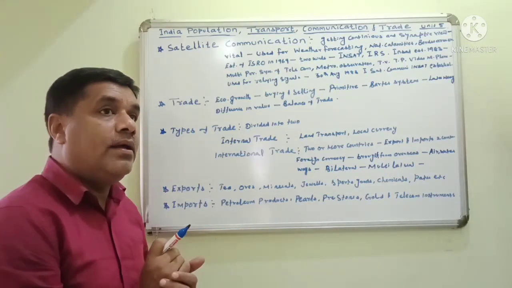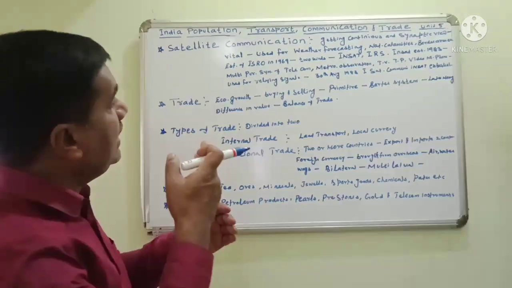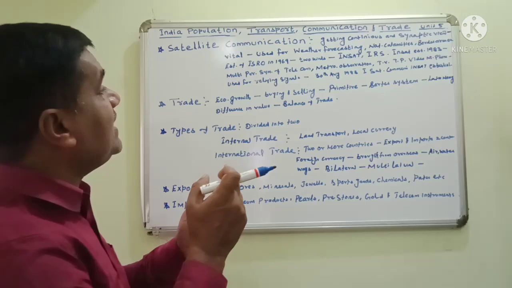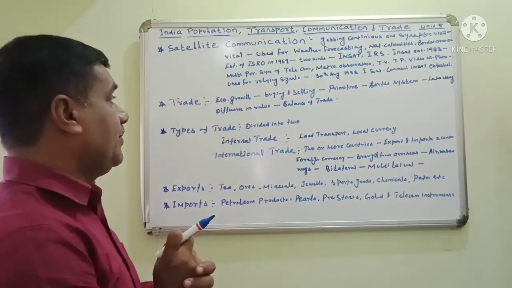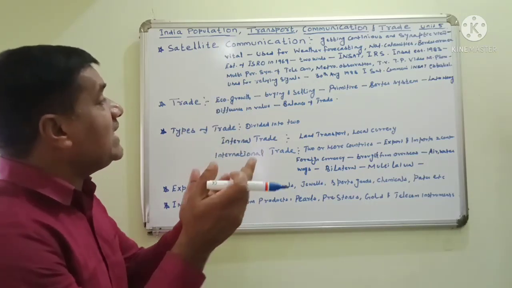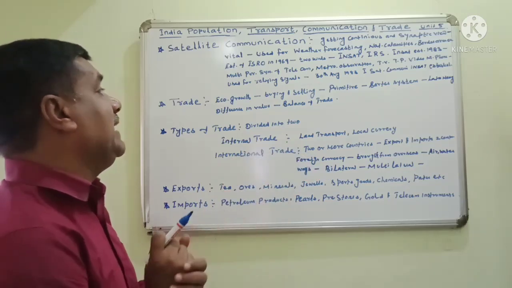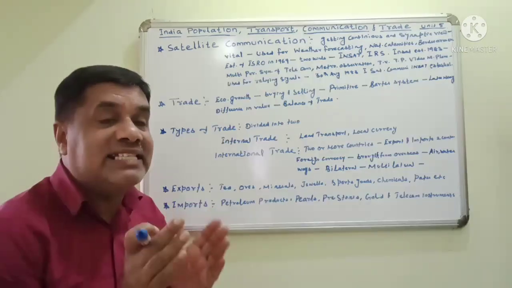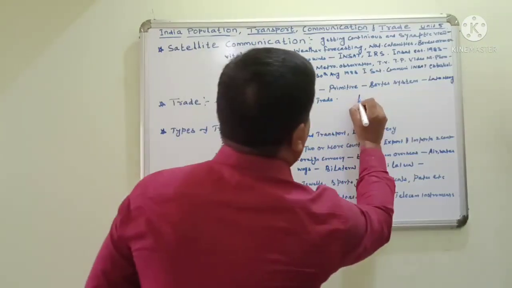If the export of goods and services increases and the import of goods and services decreases, it means a favorable balance of trade.